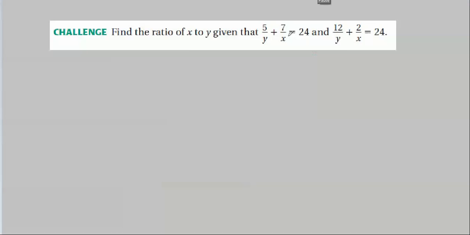Here's another one that's probably not too easy to do in your head. But let's take advantage of the fact that these two expressions are both equal to 24, which, by transitivity or substitution, whichever way you like to look at it, we can set this equal to this.